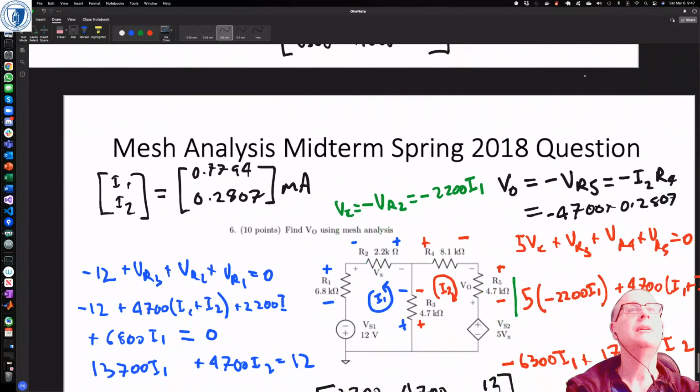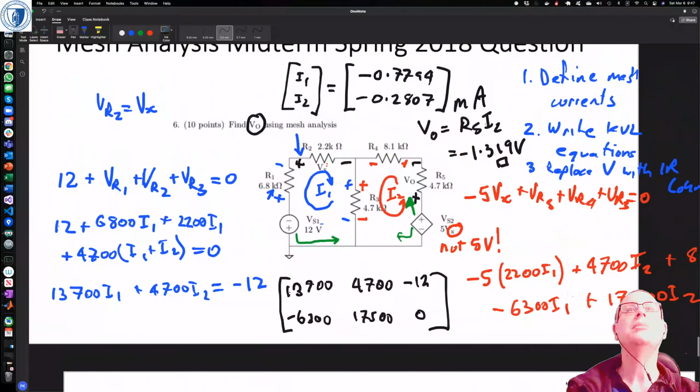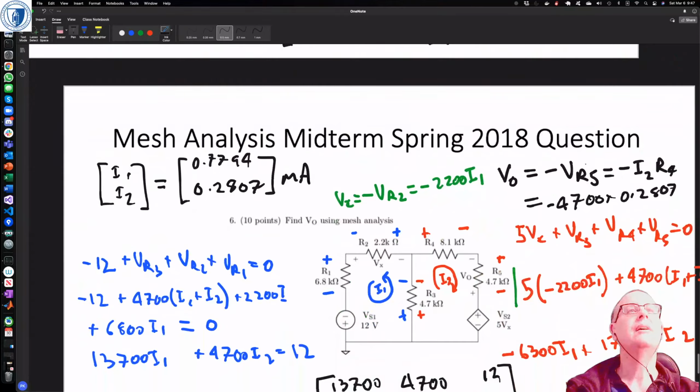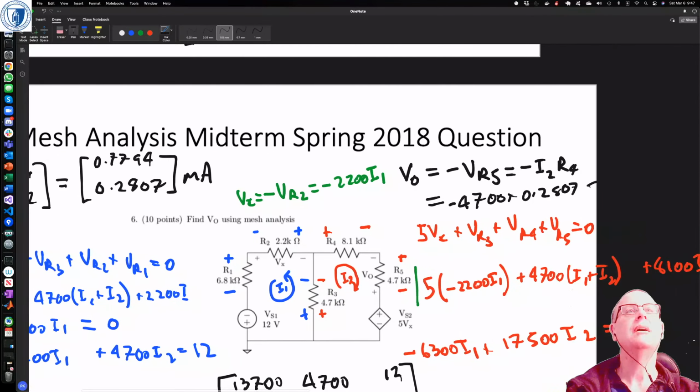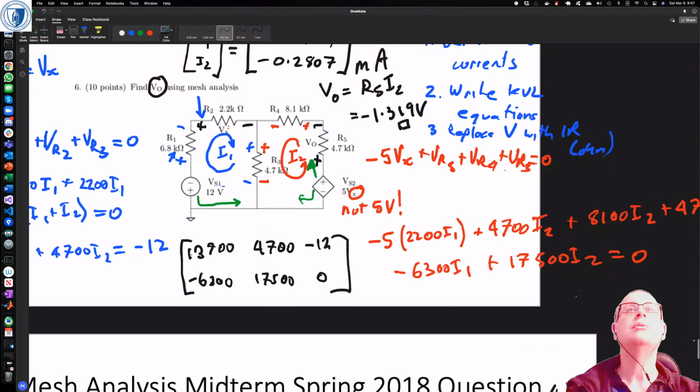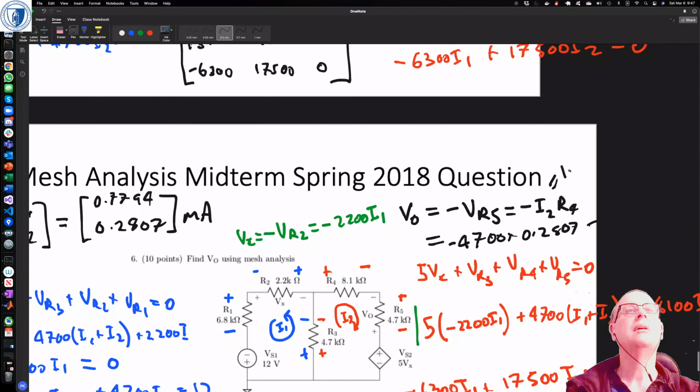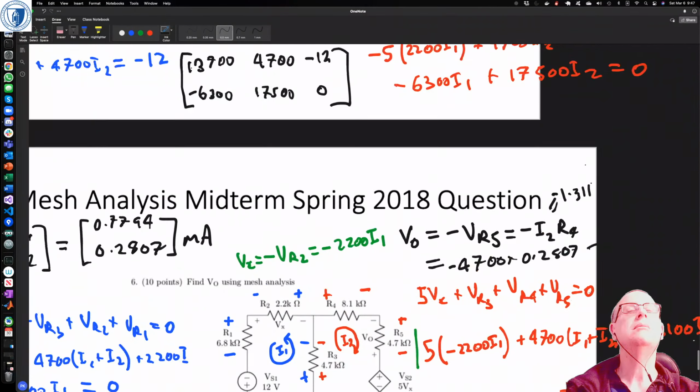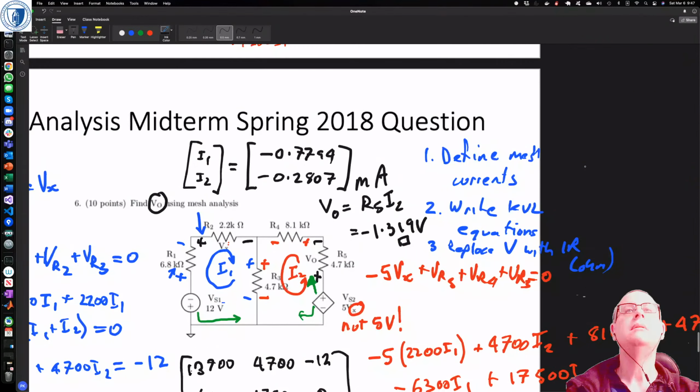And I think that's the same as the numbers we got before. Yep. So that's going to be equal to the number we got before, minus 1.319 volts. Minus 0.319.